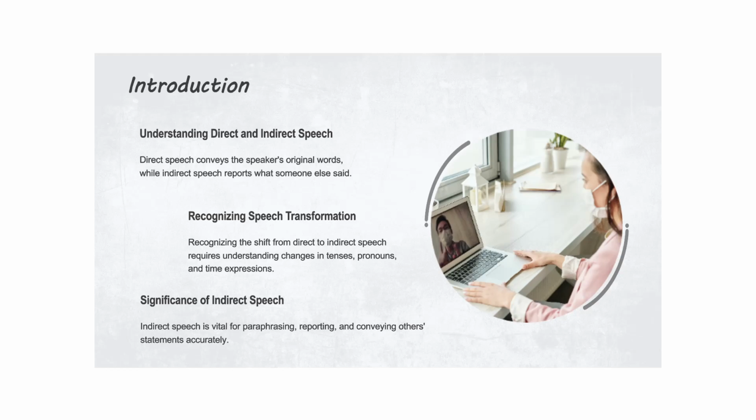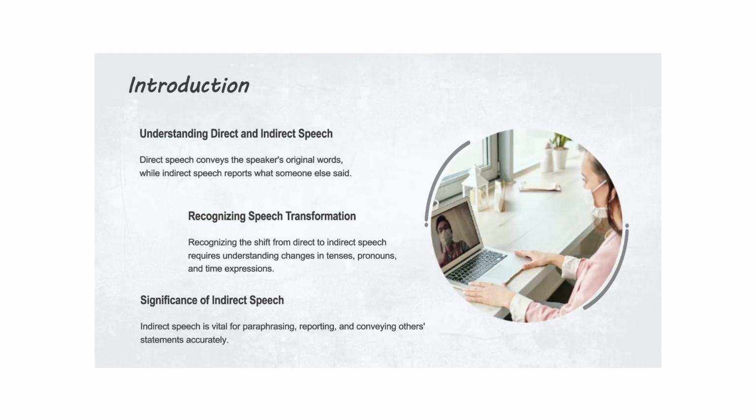Why do we need indirect speech? What is the need of converting direct speech to indirect speech? Indirect speech is vital for paraphrasing, reporting, and conveying others' statements accurately, and that's in your own words. The exact words are not repeated when you're conveying something in your own words in indirect speech.